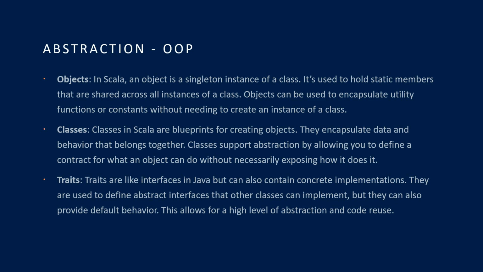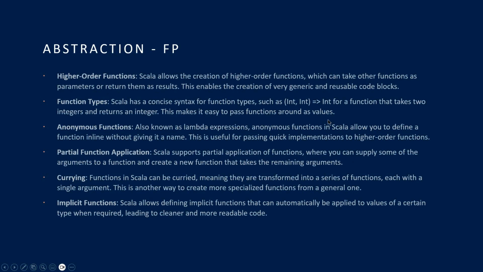They're used to define abstract interfaces that other classes can implement, but they can also provide default behavior. So my point is that in Scala, because you've got access to objects, classes, and traits, you have a means of abstracting things.